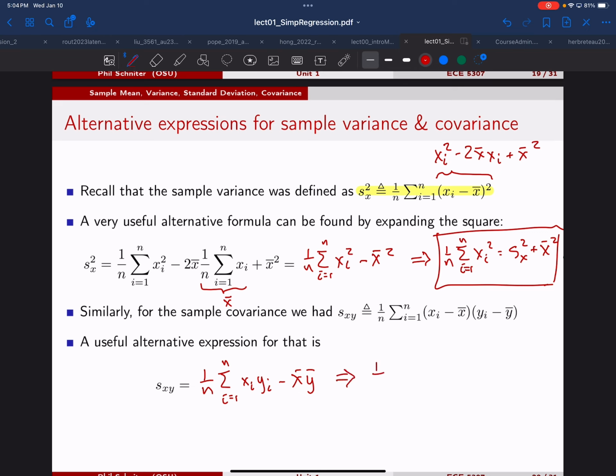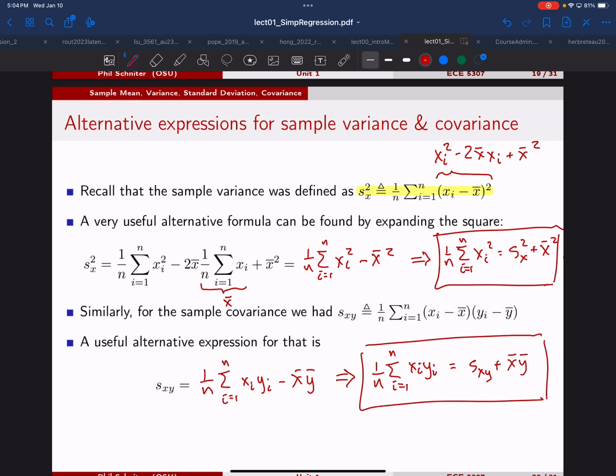And now if we rearrange this, we get this useful expression that if you ever encounter the average of the xi, yi product, you know that this is the sample covariance plus the product of the two means. Okay, so this is another term that often shows up in derivations, and we can easily simplify it as that. Any questions on this?